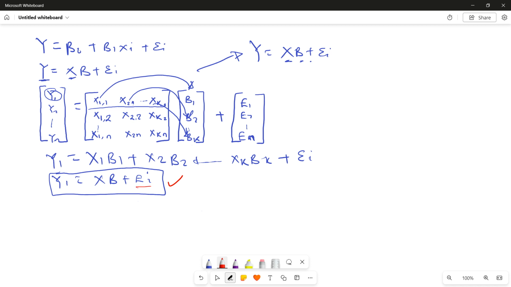The error term will also have its own vector. Now remember that we are saying that y is equal to xb plus the error term.